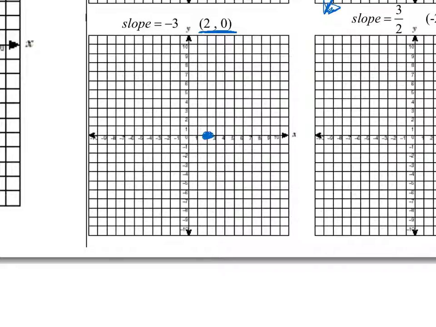Gerson, how do I fix this problem? It's already negative. Oh, then it's a positive. So you're going to tell me that this is going to fix my problem. That's going to help me figure out my rise and my run.